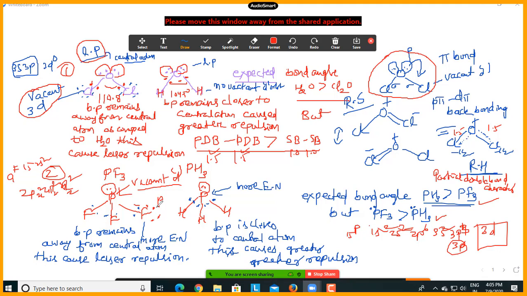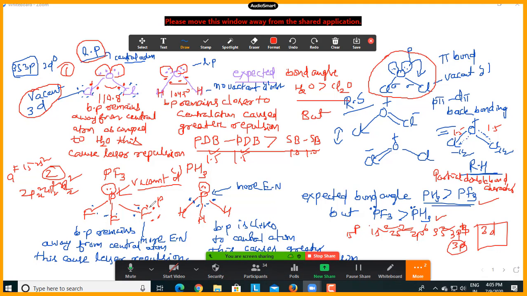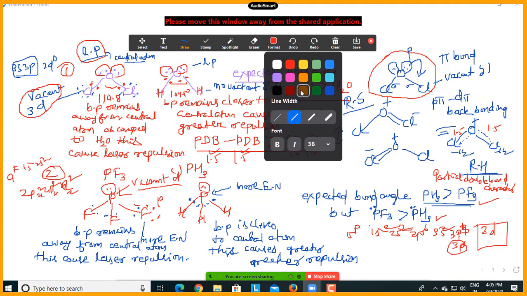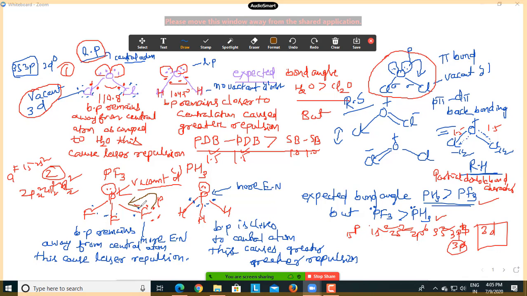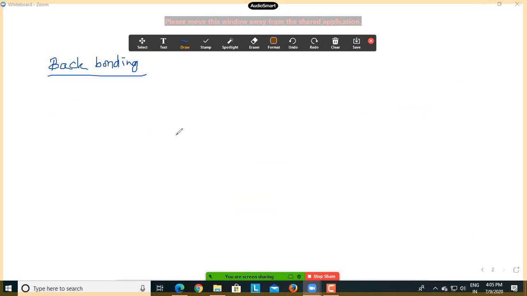Okay, so an electron pair from fluorine is extended to phosphorus to form an extra pi bond. So P, F, F, F: the lone pair is coming and making an extra pi bond with phosphorus, meaning a double bond.